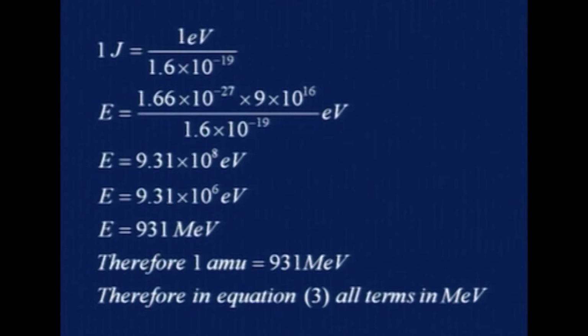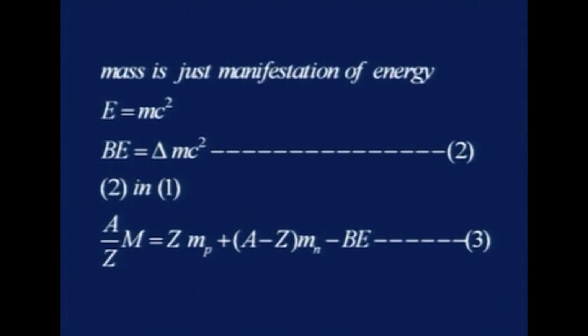So, what we have derived now is that the energy of 1 atomic mass unit is equal to 931 MeV. This you can always remember, because in many application problems in nuclear physics, this has to be used. Therefore, you remember 1 atomic mass unit is equal to so much energy, and in equation 3 all terms are in MeV. I will go back to equation 3.